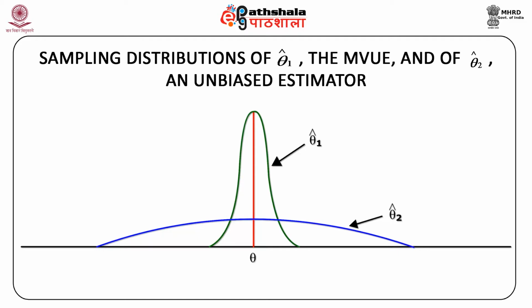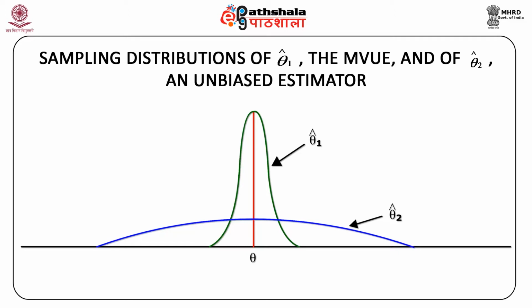However, the spread of the two sampling distributions is not the same, as shown in the given figure. Let variance of theta 1 hat be less than variance of theta 2 hat.